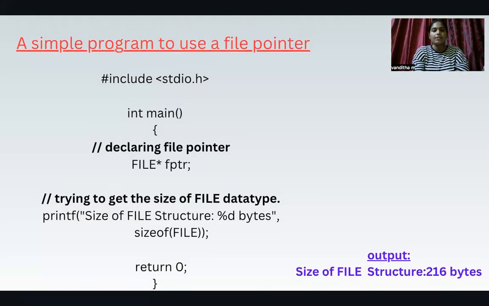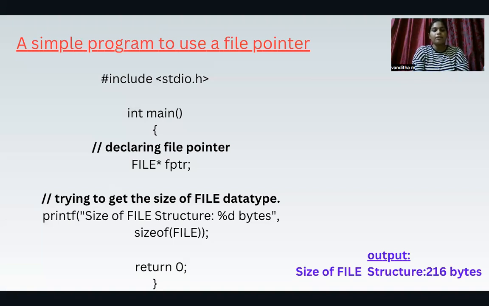Let's see a simple program which is used for a file pointer. #include <stdio.h> is a predefined preprocessor. Next, int main() followed by curly brackets. FILE *fptr; is declaring a file pointer. Next, we are trying to get the size of a FILE data type.